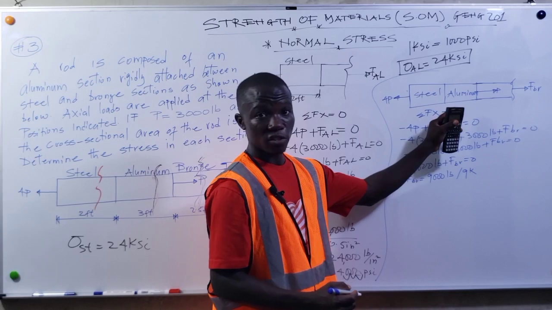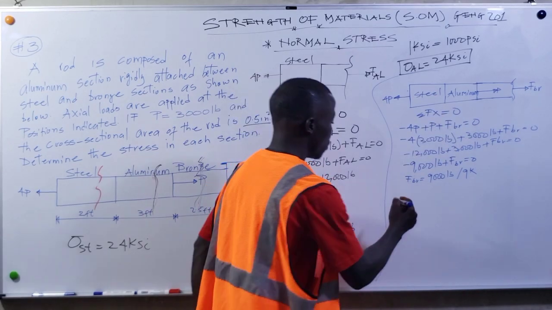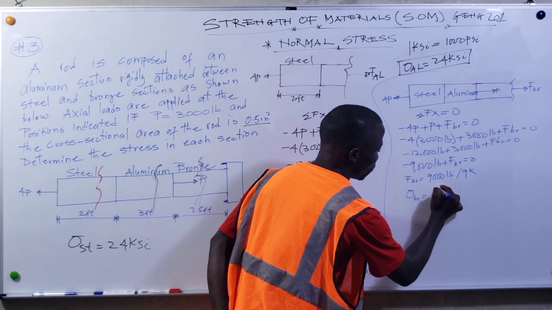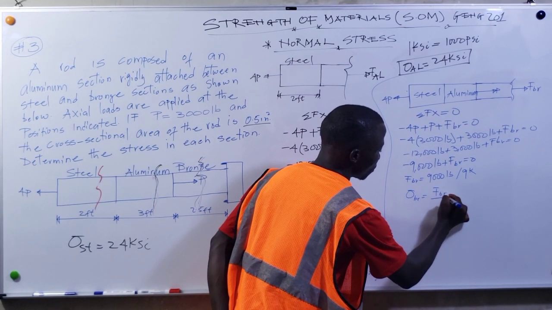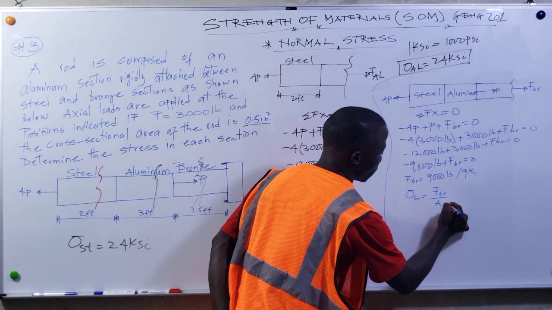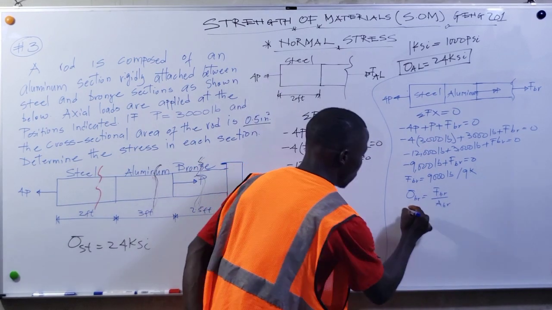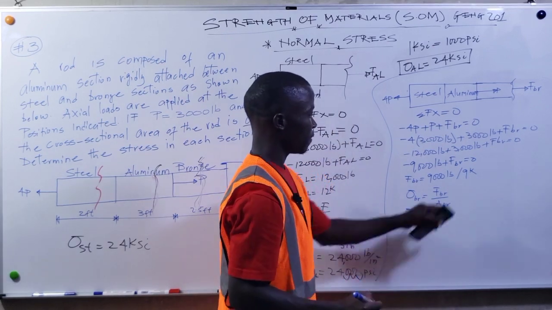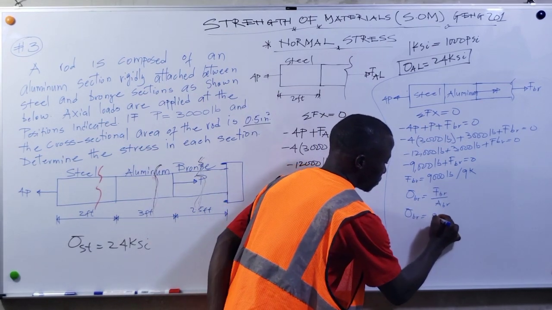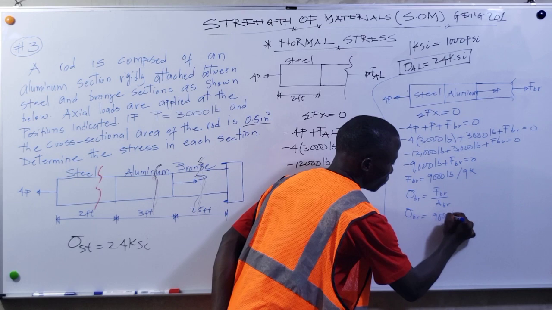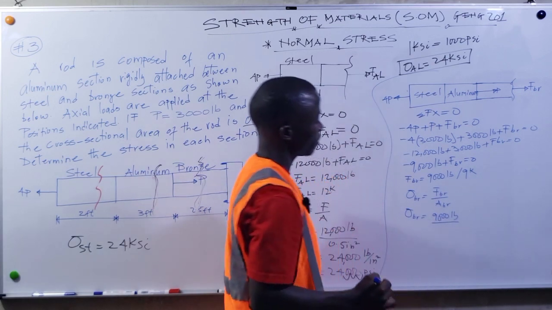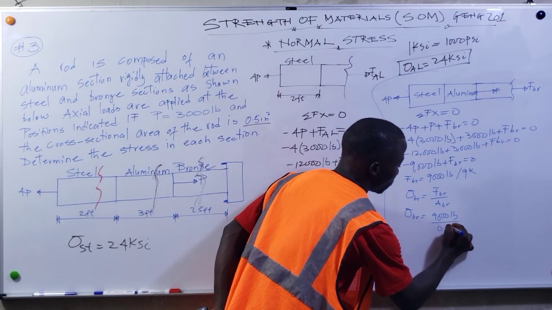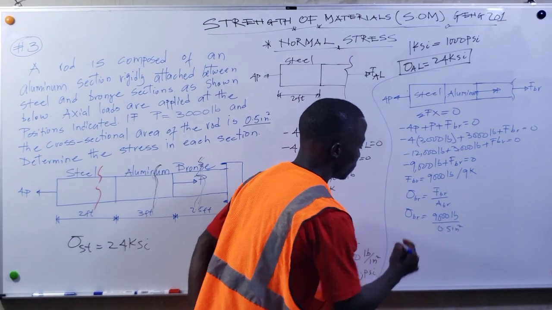So now let us find the stress within these brooms. So the stress within the brooms is equal to the force in the brooms divided by the cross-sectional area in the brooms. So now we get the stress in the brooms to be, the force is 9,000 pounds divided by the cross-sectional area, which is 0.5 inch square.